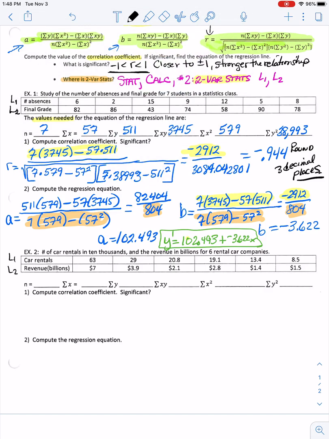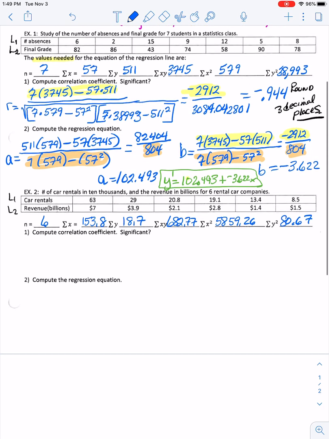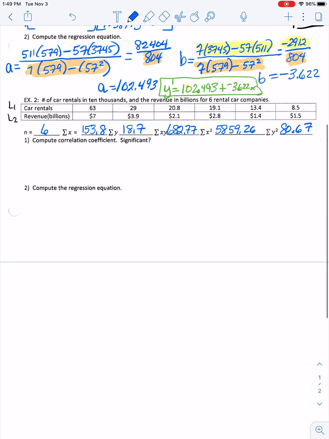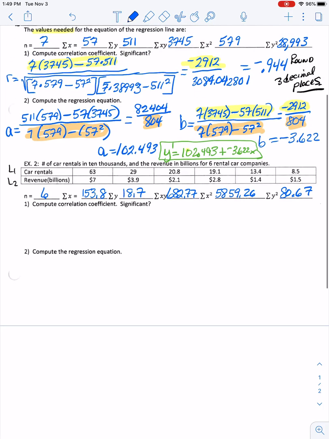Okay, if you're back, the values I have this time, N is 6, and again, I used 2 var stats to get these values: 153.8, 18.7, 682.77, 5,859.26, and then 80.67.